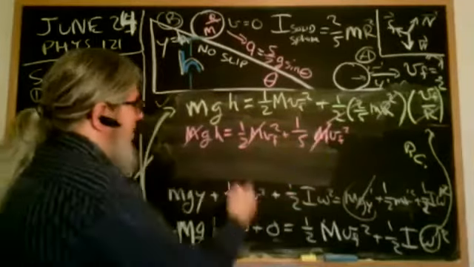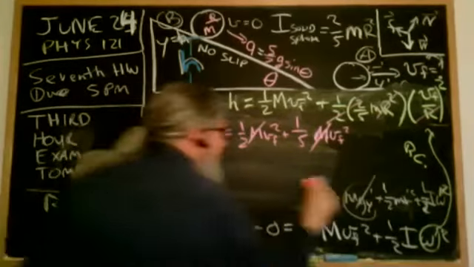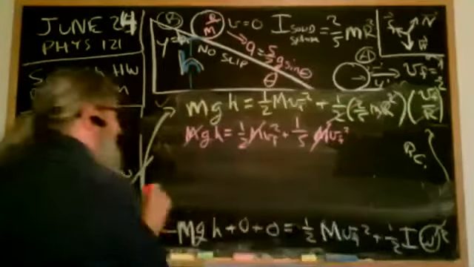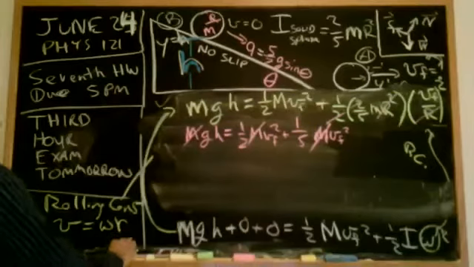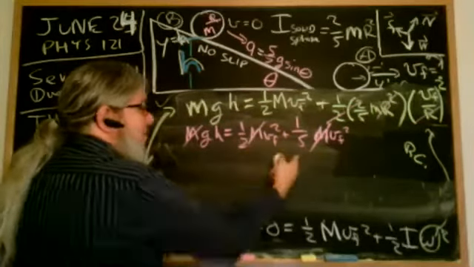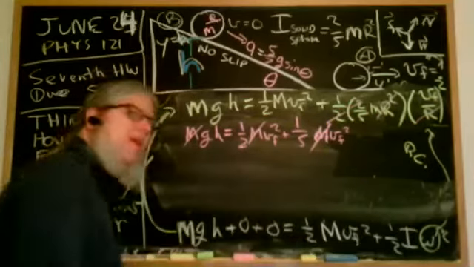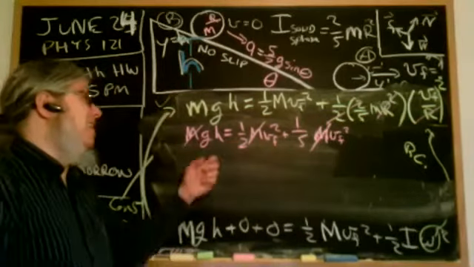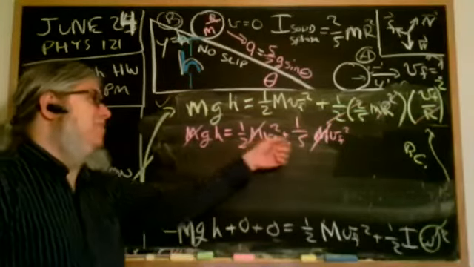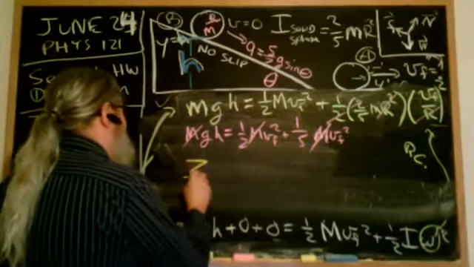So on this side, just to give myself a little bit of room to finish up the algebra, I'll erase this now. I basically move everything over here. So I have 1/2 plus 1/5. I have 1/2 of a Vf squared plus 1/5 of a Vf squared. So 1/2 plus 1/5 is 5/10 plus 2/10. That's 7/10.